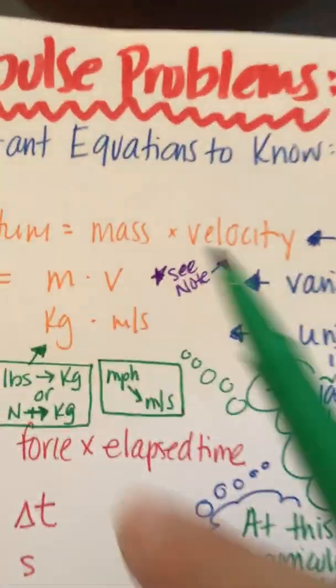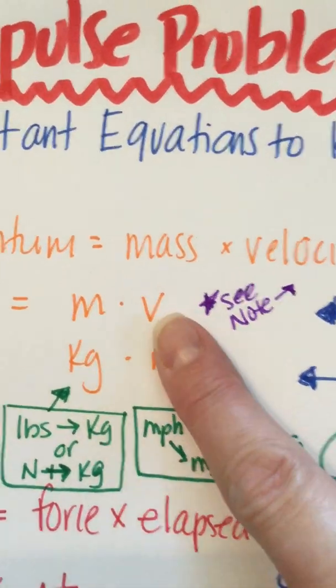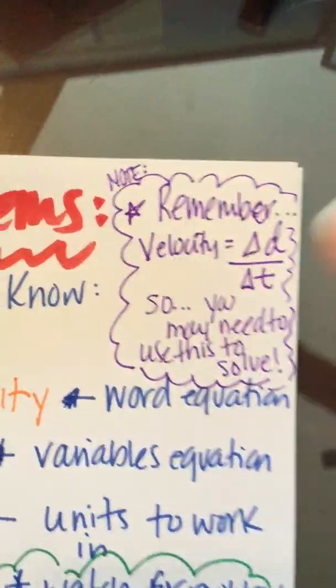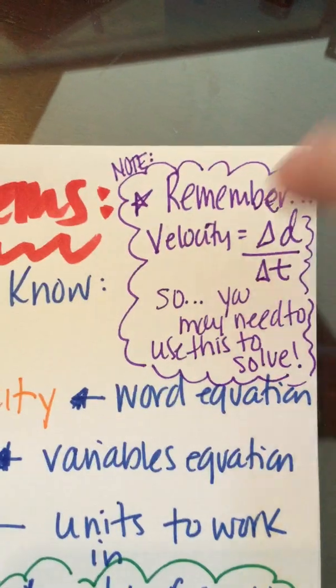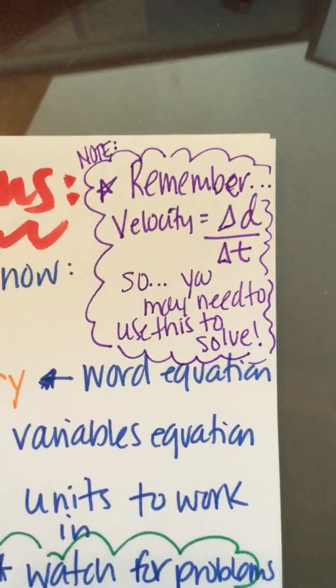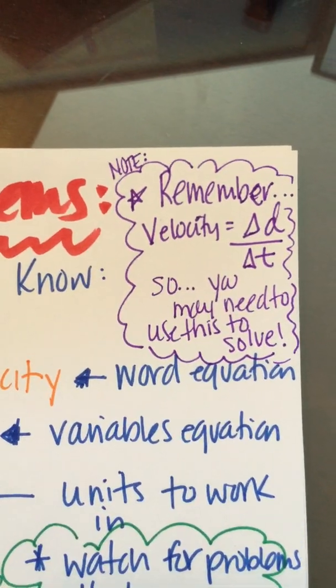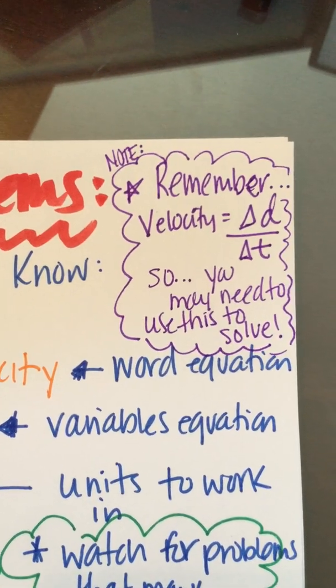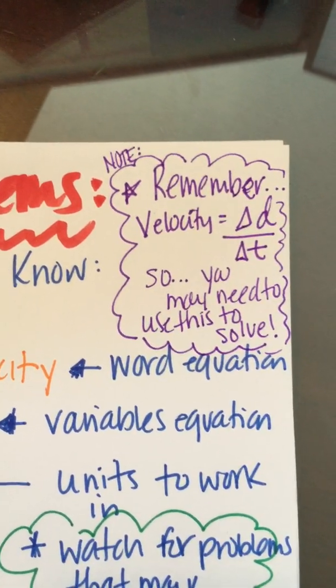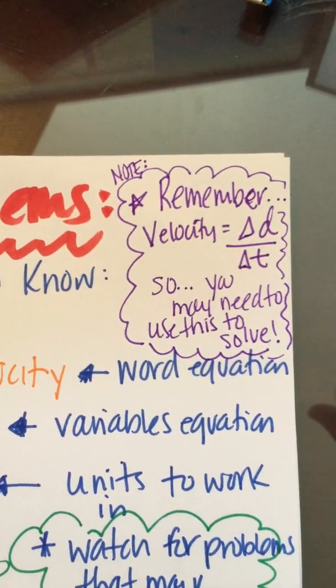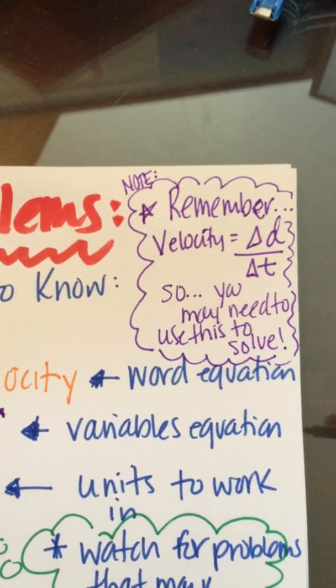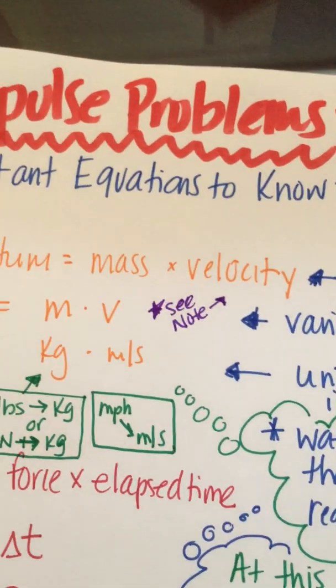The other thing I wanted you to remember here is when you're talking about velocity, sometimes it's not to trick you, it's to make you think. You're going to know the distance something might move backwards in the amount of time it moved, and you're going to possibly get confused and wonder, how am I getting velocity?